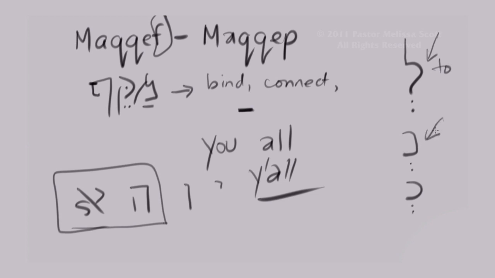The bet, again, these are not hard rules, they change, but bet can be "in" or "with" or "upon." And the kaf, which can be like "to" or "as."